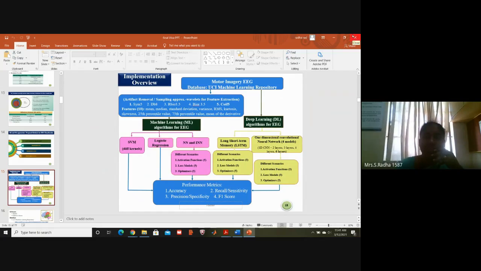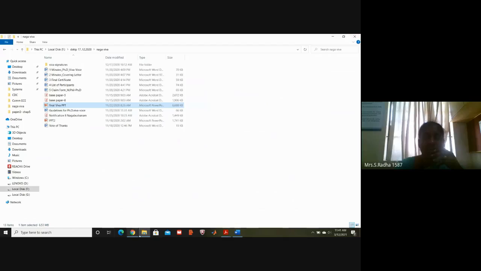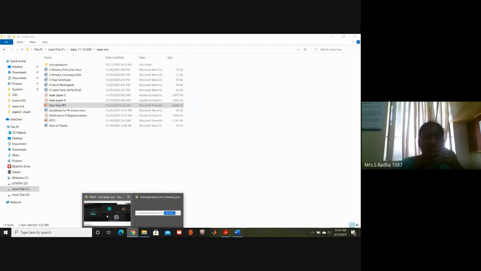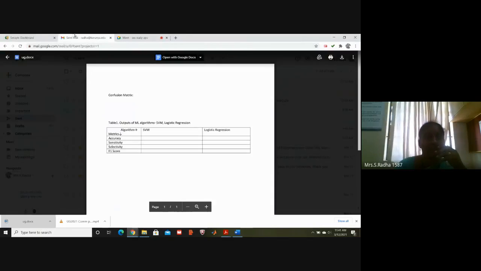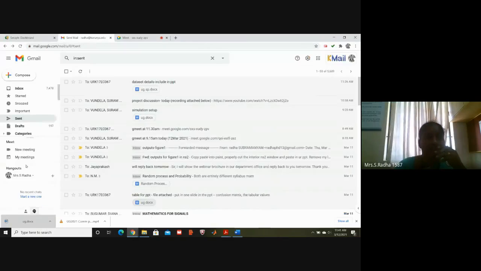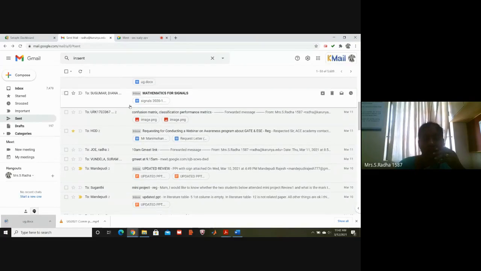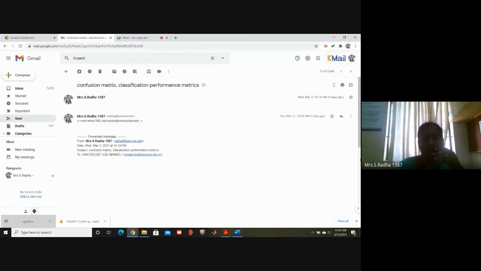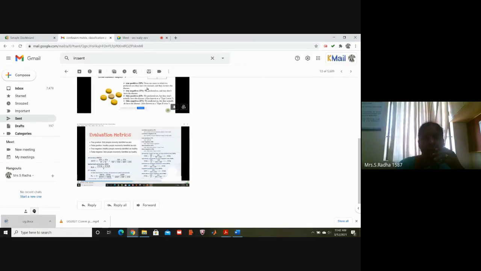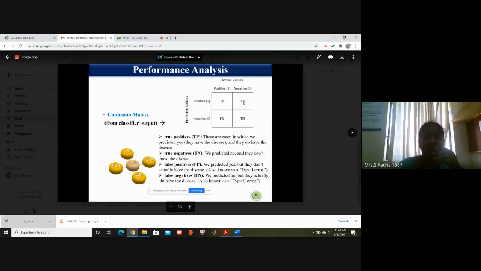And the classification output will be a confusion matrix, and from the confusion matrix we can calculate these. So we will get a confusion matrix like this, a 2 by 2 matrix.